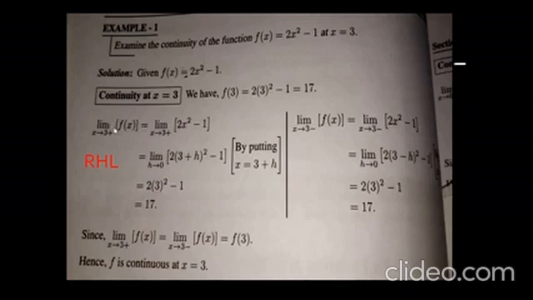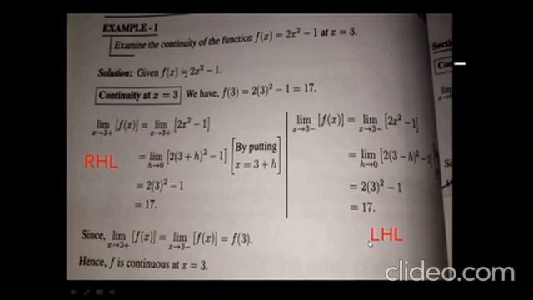Substitute the function, so we write limit x tends to 3 plus of 2x² − 1. 3 plus means it approaches from the right, so we write x = 3 + h. Substituting, we get limit h tends to 0 of 2(3 + h)² − 1, and after simplifying this is equal to 17. So the right hand limit is 17.